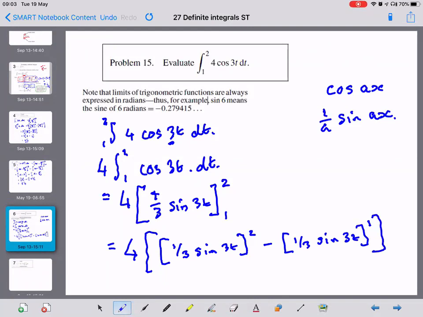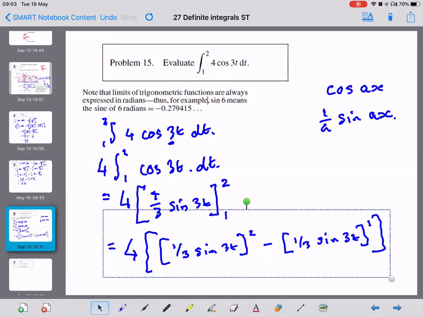Close the outside brackets. All happy with that?